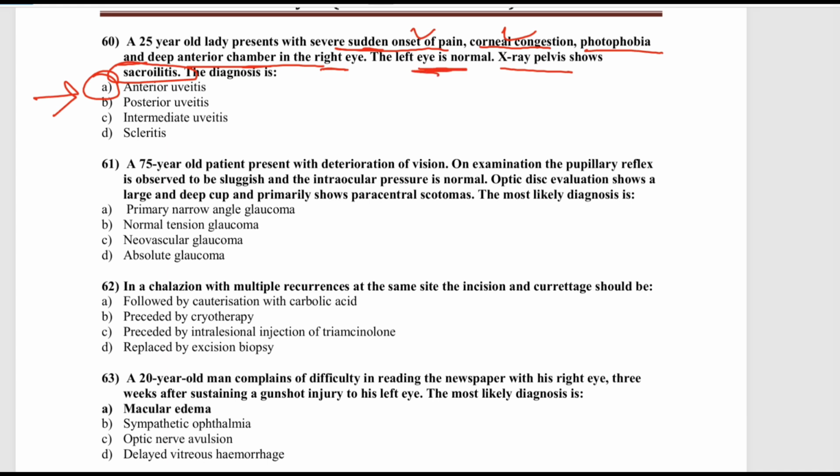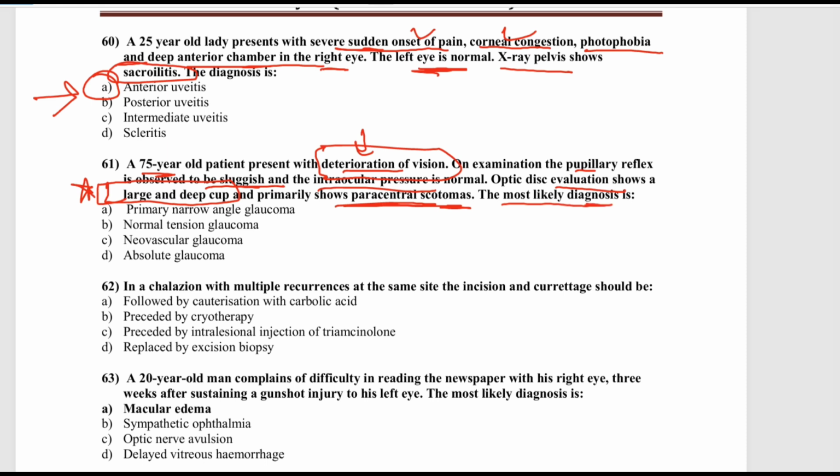The next question is, a 75-year-old patient presents with deterioration of vision. On examination, the pupillary reflex is observed to be sluggish. Remember that there is no sudden decrease of vision; this is slow deterioration of vision. Intraocular pressure is normal. Optic disc evaluation shows a large and deep cup, and there is a paracentral scotoma.